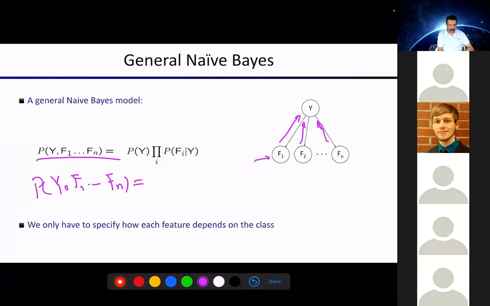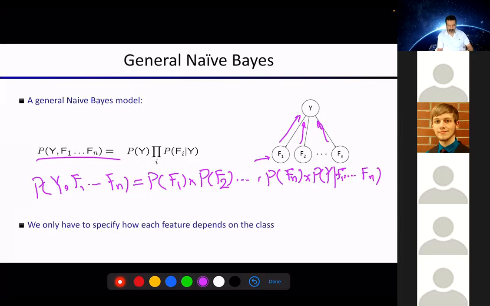We say the probability of f1 multiplied by probability of f2, up to probability of fn, multiplied by probability of what? Y given all of those other f's, f1 all the way to fn.